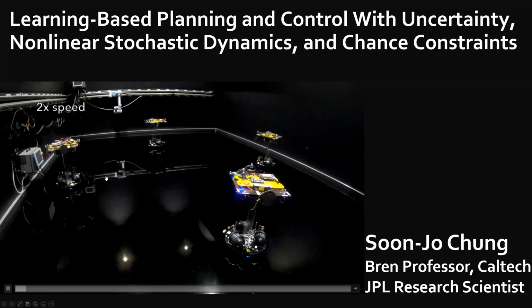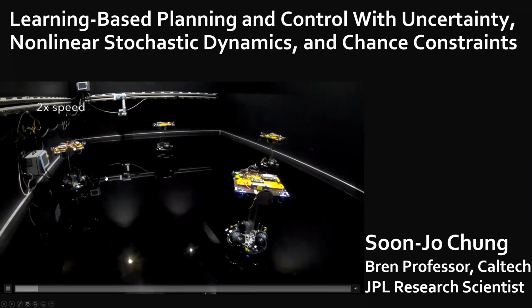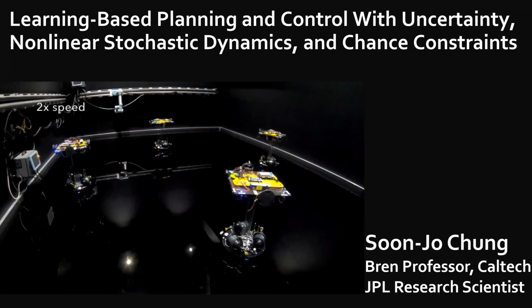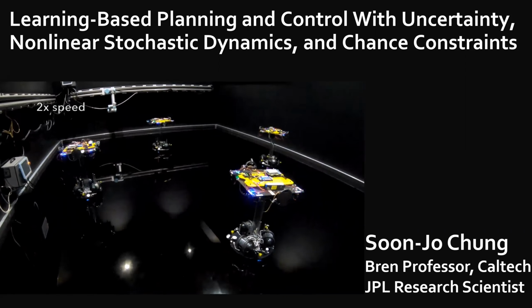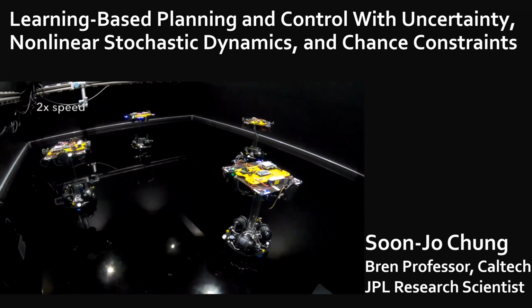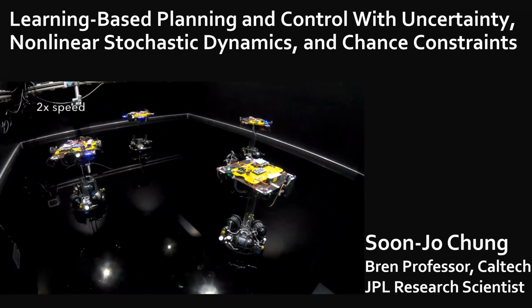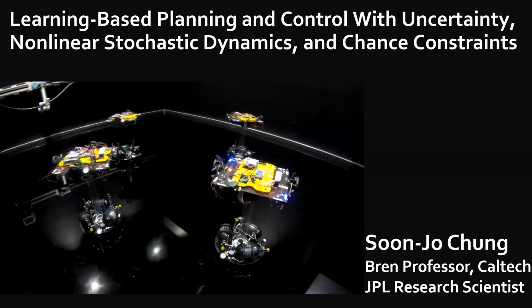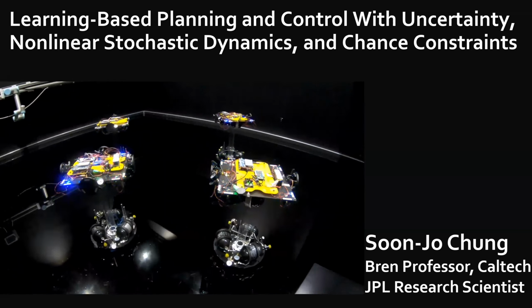And I'm going to show you some spacecraft simulators. This is my lab, and I have multiple spacecraft-like robots. They are called spacecraft simulators because they can float on a flat surface, and they can use these thrusters and reaction wheels so that they can move around and control the orientation.